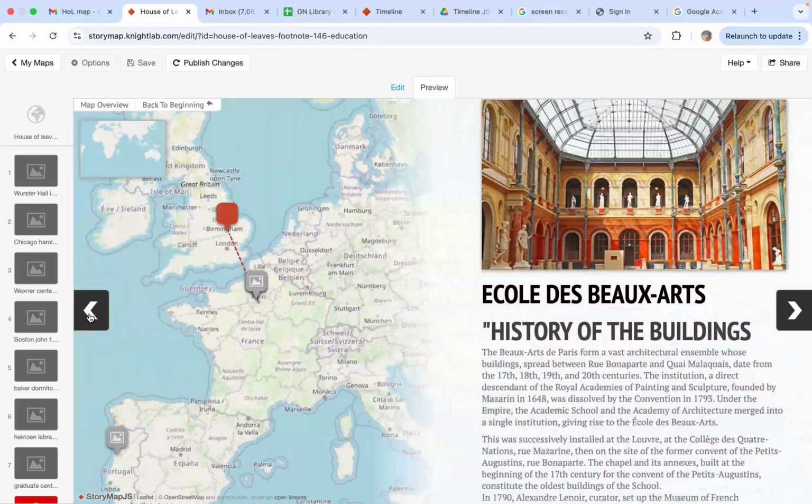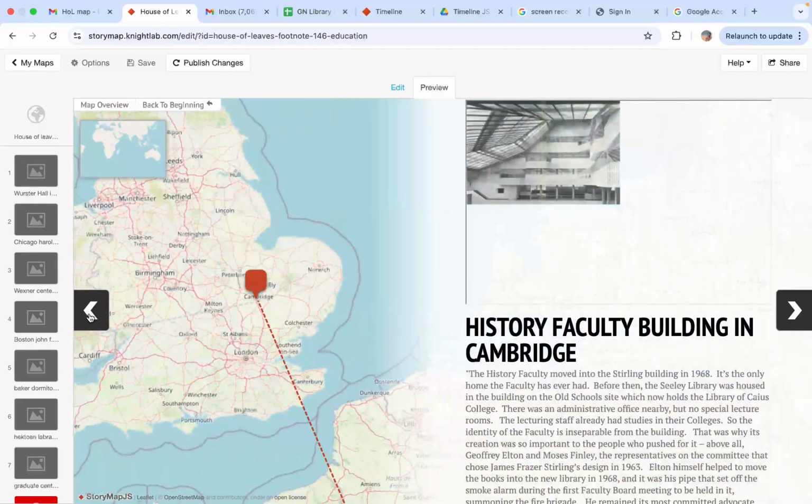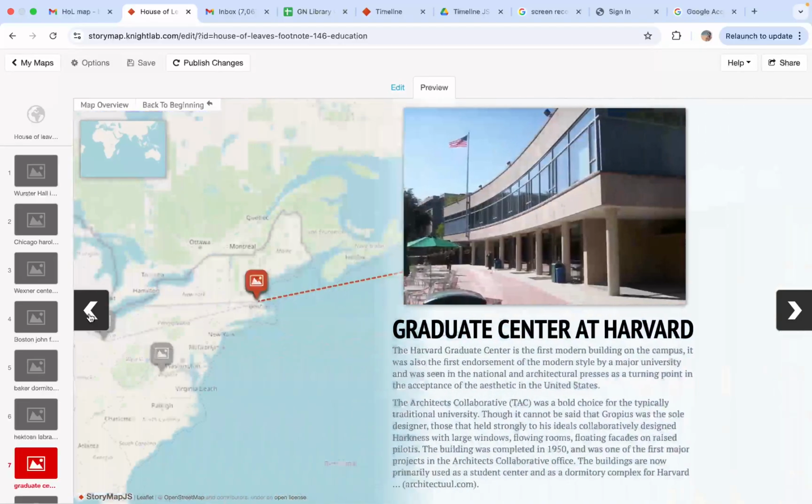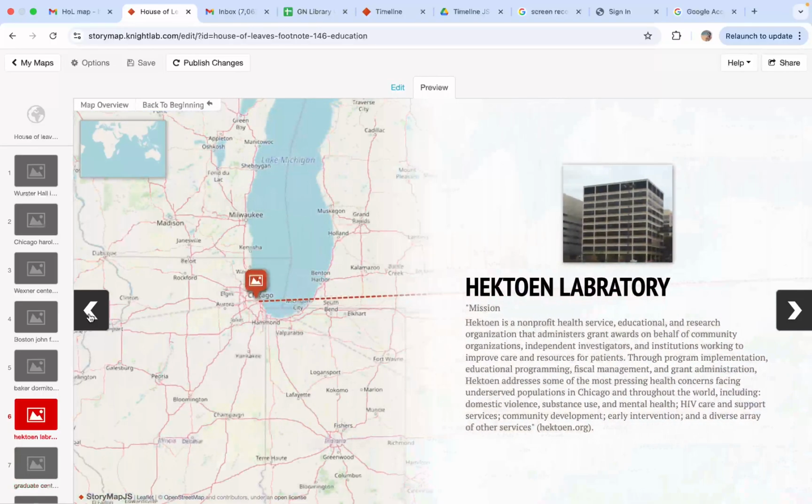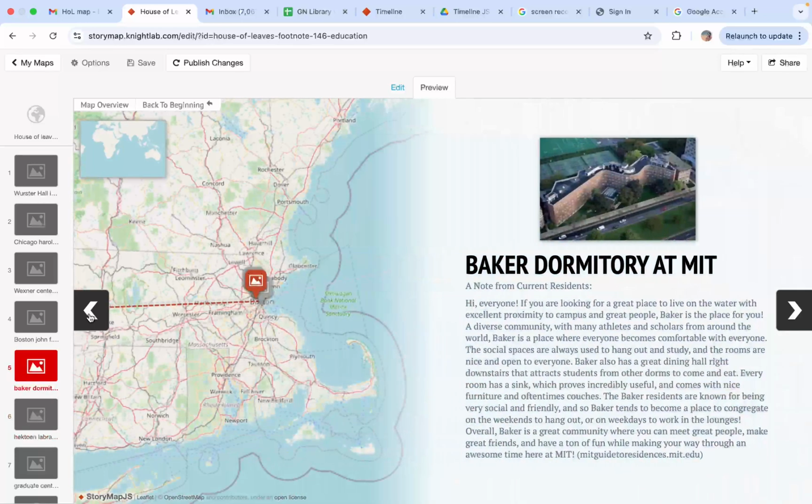Let's go back. One thing that stuck out to me was how all these places were set in Europe and especially the United States. Not so much in Asia or other geographies.